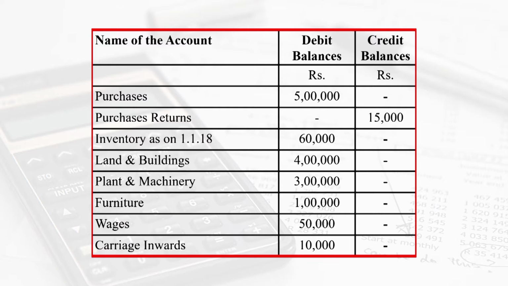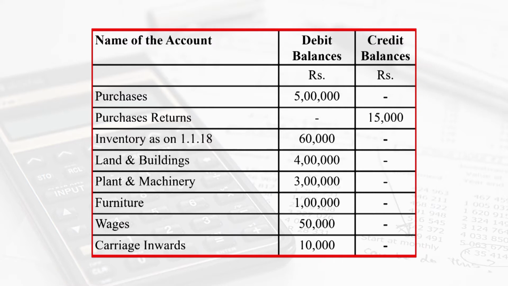Wages is an expense, and all expenses and losses have a debit balance as per the nominal account, therefore in the wages account we have a debit balance of rupees 50,000. Then carriage inwards, it means the expenses which we have incurred in order to bring the goods from the place of purchase to the godowns.